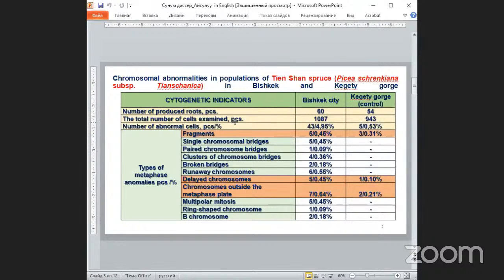The number of abnormal cells was 43 pieces, or 4.95%, in Bishkek and 5 pieces in Kegeti Gorge. Also, we were able to see the number of abnormal cells in pieces and in percent, and types of metaphase anomalies. But I will tell about them later.